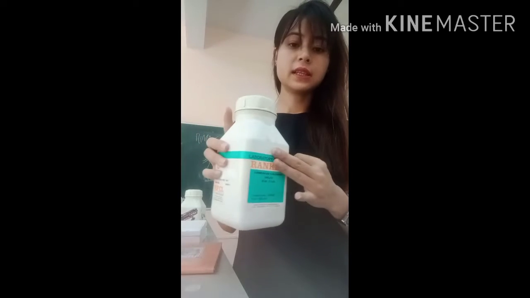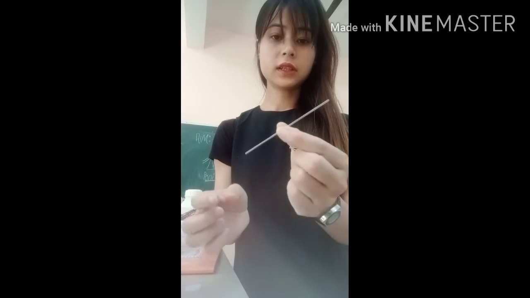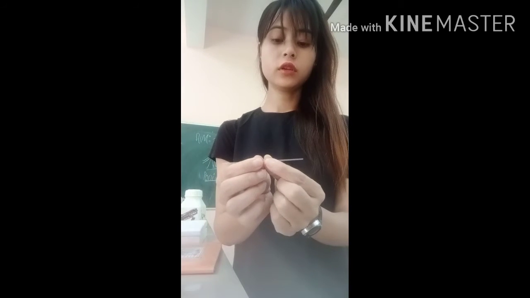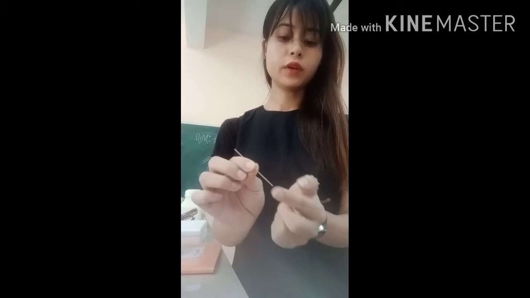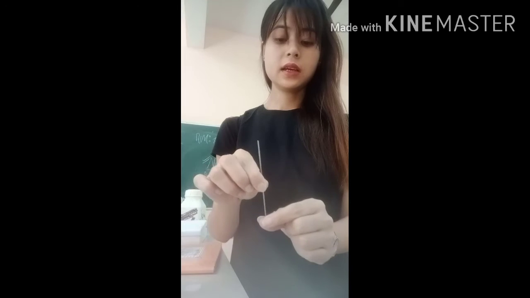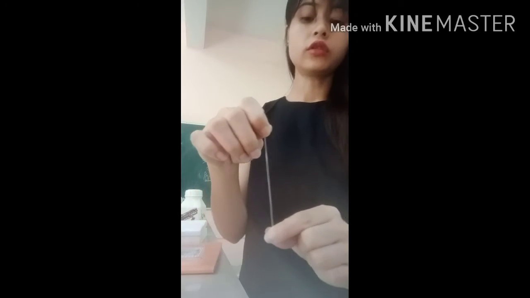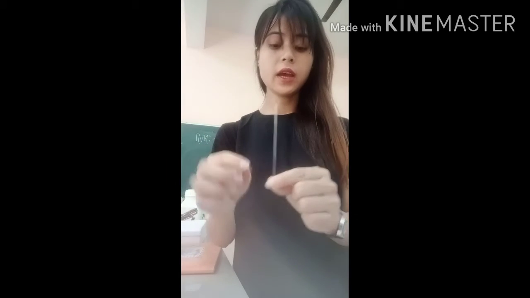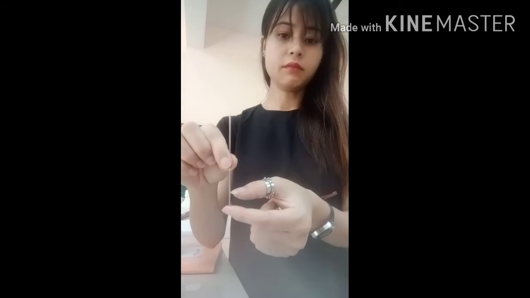You have to seal one end of the tube and leave the other end open. You seal this end so that when you put the solid particles or your compound in this capillary tube, it stays here. You should not fill the sample up to here. It should be about 3 millimeters.